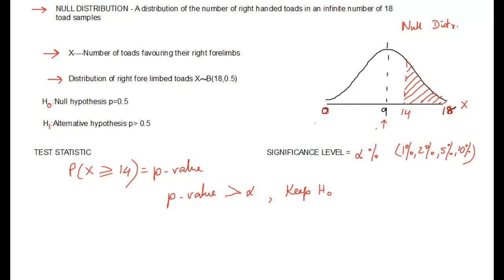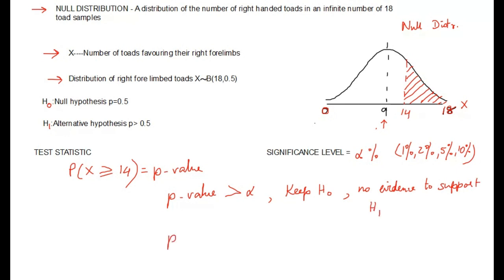There's a good chance that if we randomly select unbiased toads, we will still end up with a number like 14 out of 18 or better. And so we'll keep the null hypothesis, and there's no evidence, or insufficient evidence, to support the alternative hypothesis proposed by the scientists.